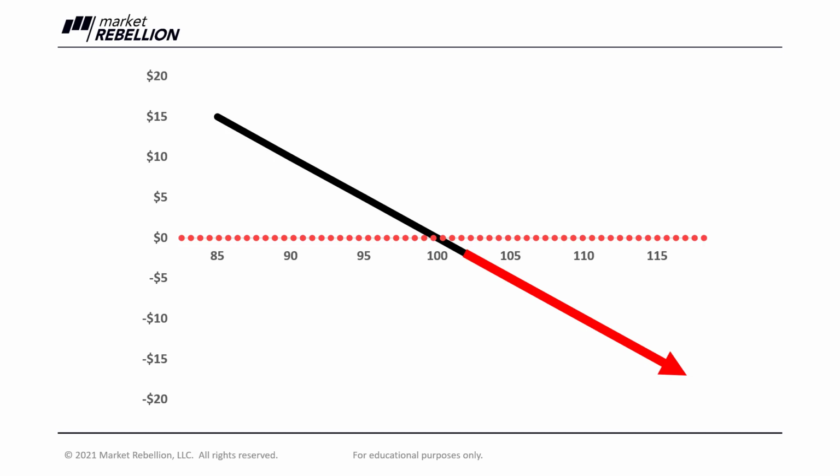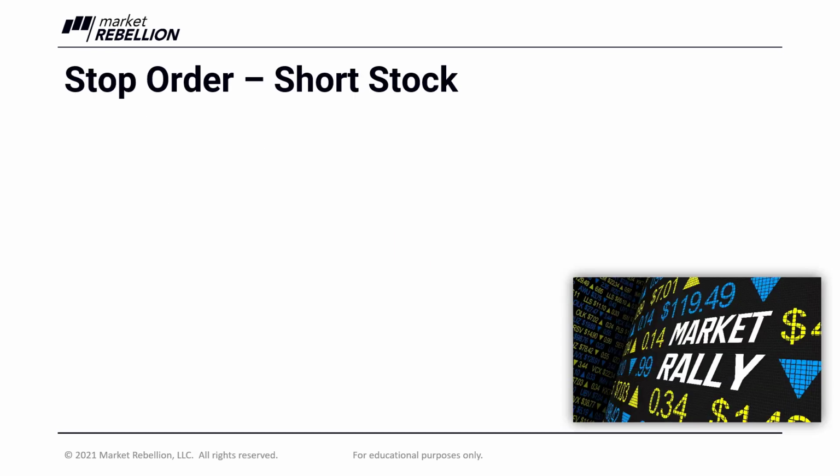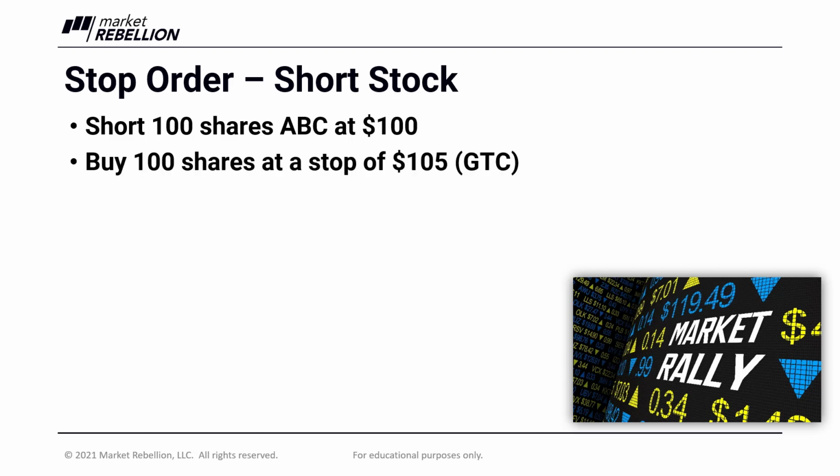So for short stock positions, you would place a stop order above the current stock price. So let's go have a look. Let's say that you short 100 shares of ABC at $100, obviously thinking the price is going to go down. But just as a little insurance policy, you buy 100 shares at a stop of, let's say, 105, and again, we'll make it good till canceled.